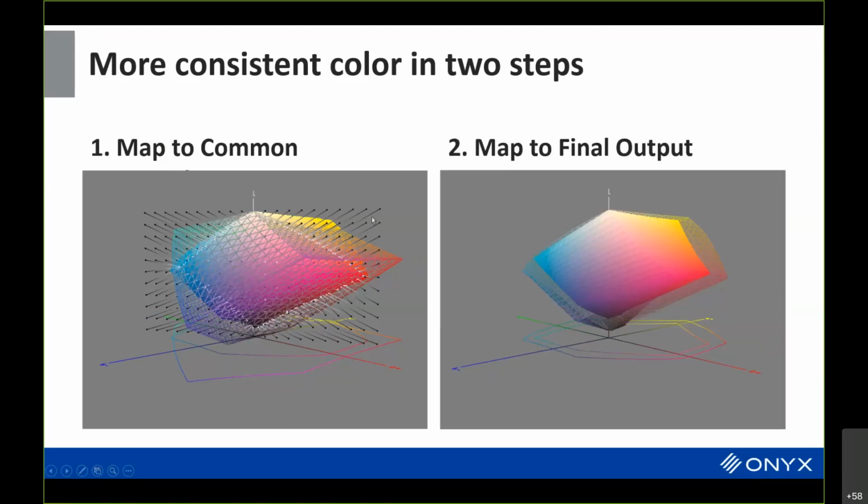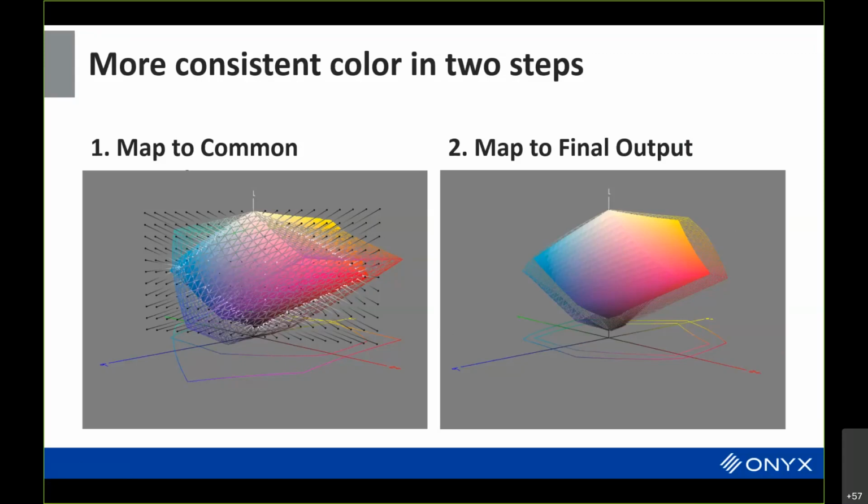And then what we do is we're going to map from that large thing to the little thing. And since we've done most of the heavy lifting to get to the gamut of the intermediate space, the changes that are needed to go from there are not necessarily as large. So what happens is that we basically end up getting more similar results because we've done that first large stuff of the rendering to get from an RGB-like space to a print space, and we're doing it in a common way.